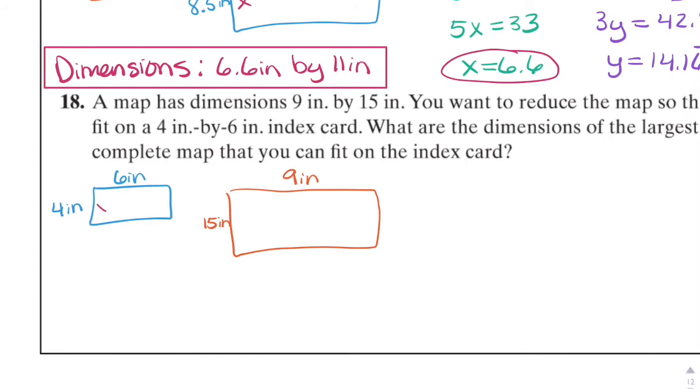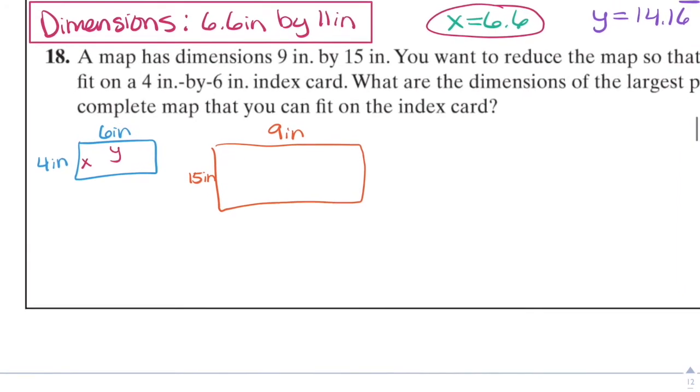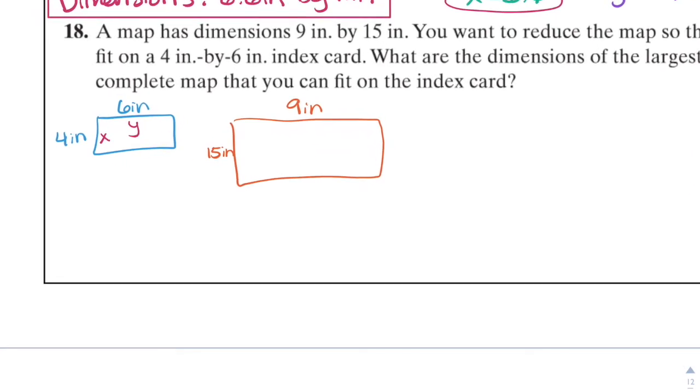So here we have our X and our Y. So I'm going to say x is to 15 as 6 is to 9. Notice I'm using the x variable and 6 now, so I'm leaving the y out.